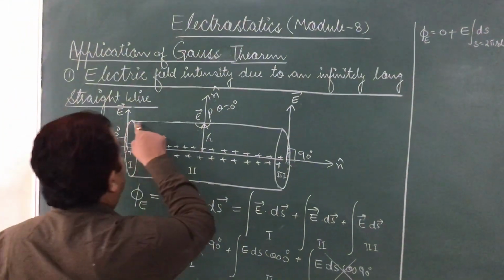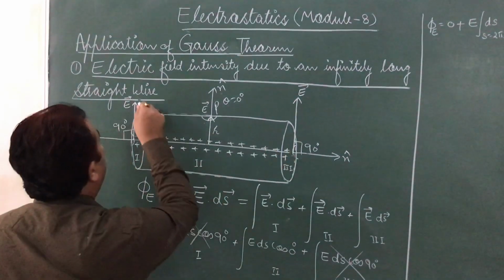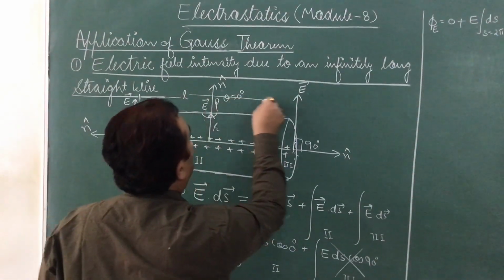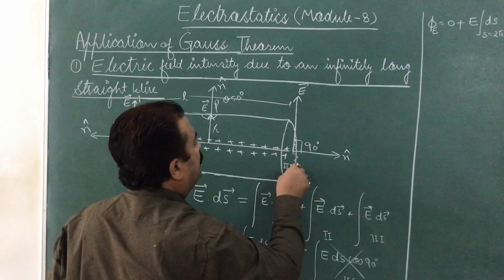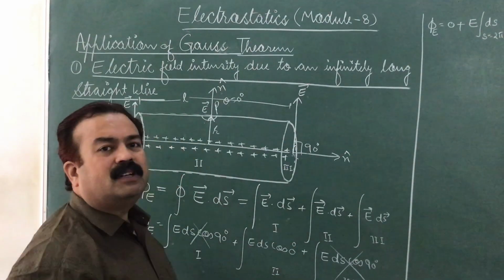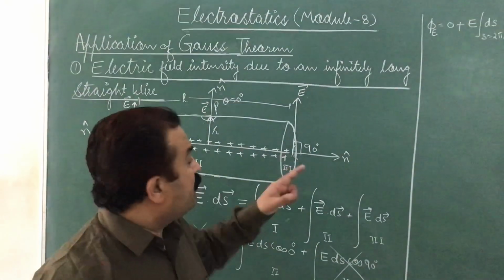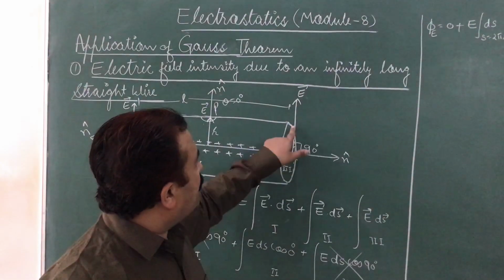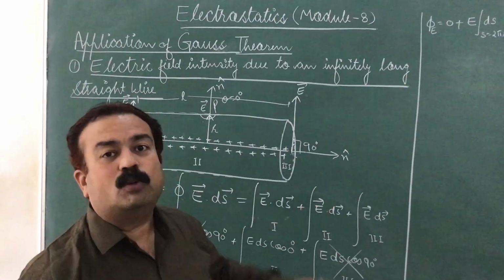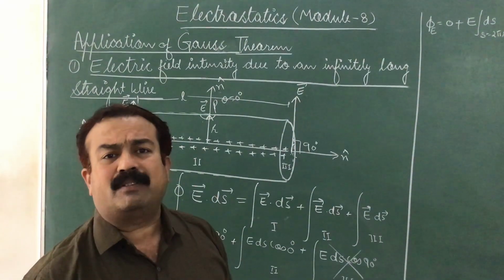How? The length that we have taken is L, and this is the circumference of the face. So it is 2 pi RL of the circumference, and the length is L.